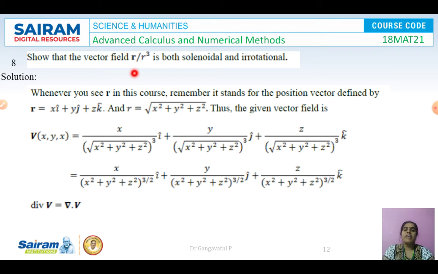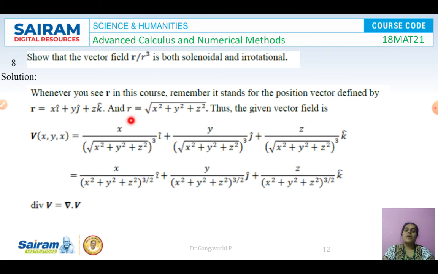Show that the vector field r by r cube is both solenoidal and irrotational. We know r is a position vector. Whenever you see r in this module, it is a position vector which has been given by xi plus yj plus zk cap.